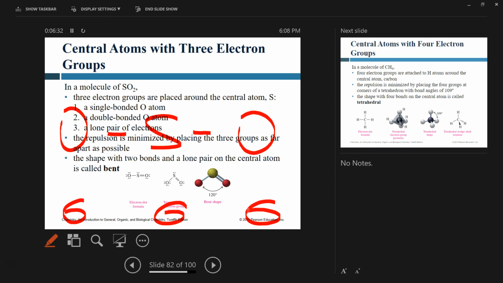So how many electrons have been used for each bonding pair so far? 2 and 2. Right? How many electrons are left? We have 18. We used 4. How many are left? 14.